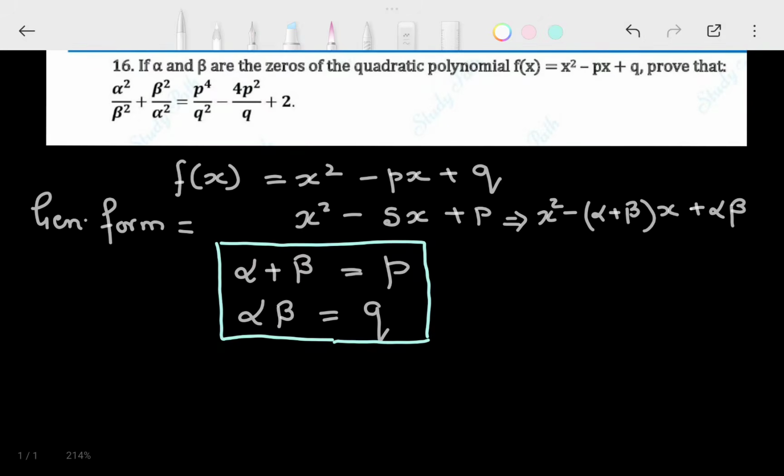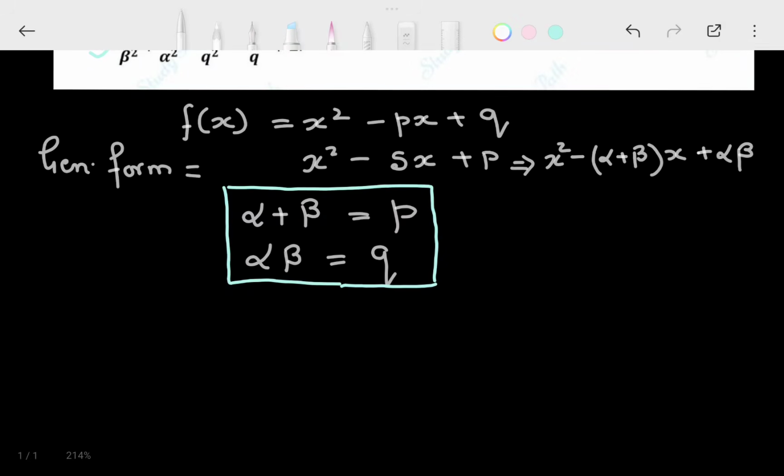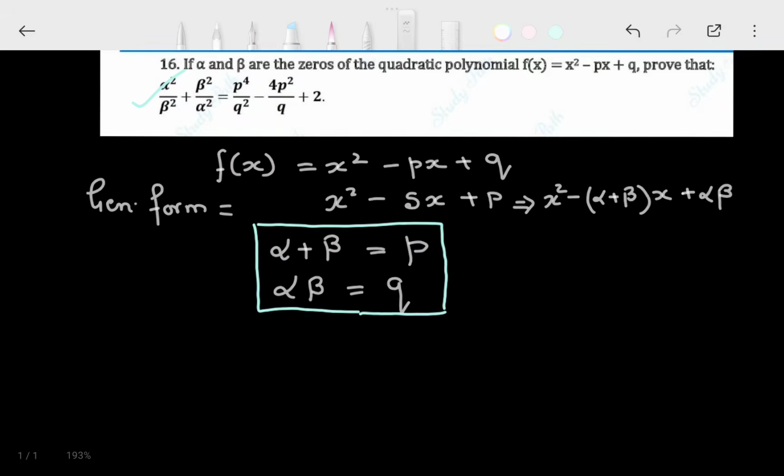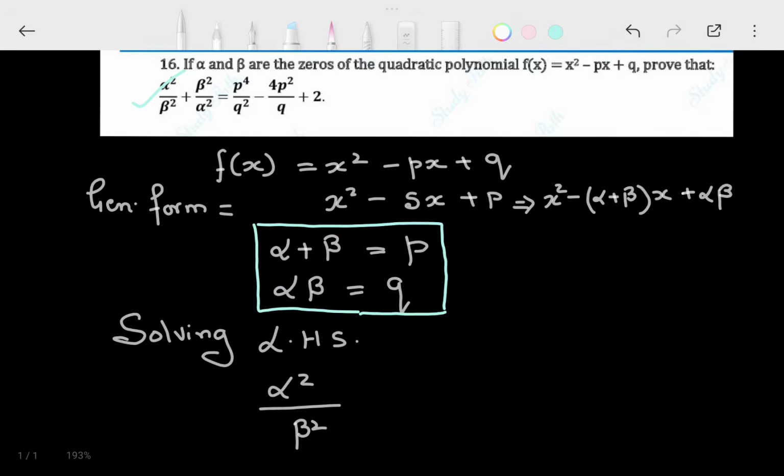Now on solving the LHS of the given question, that is this part. So let's write down LHS. So our LHS is alpha square upon beta square plus beta square upon alpha square.